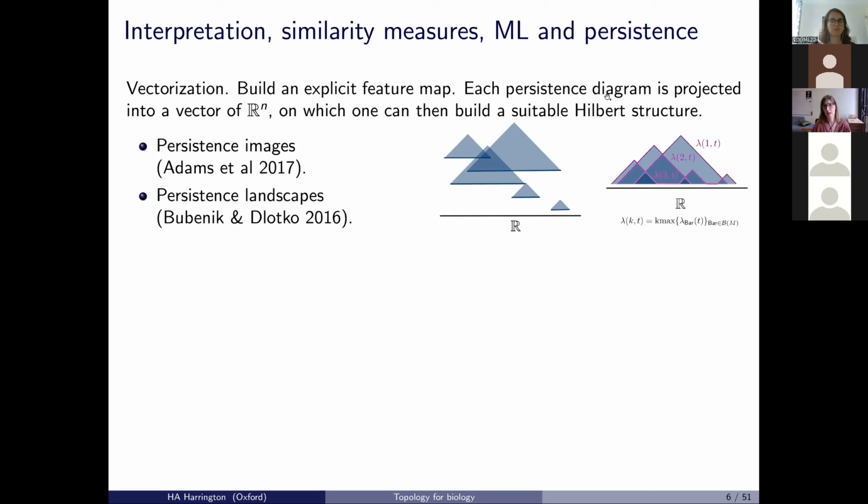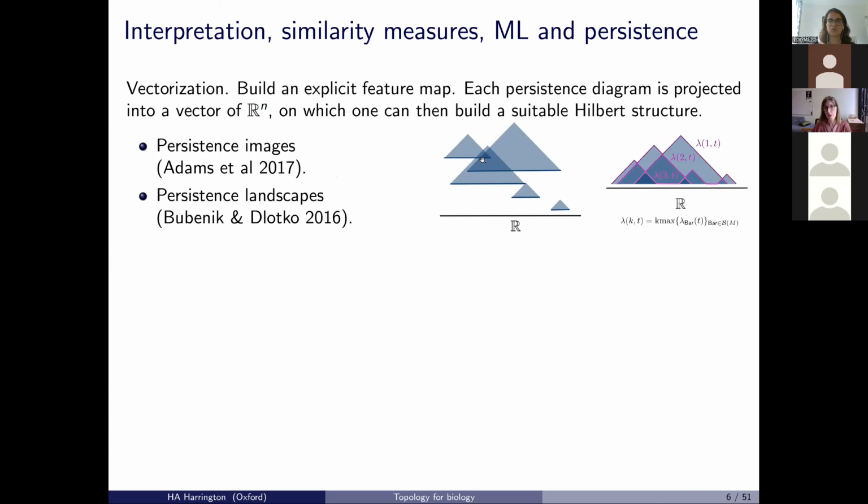Then you can take this persistence diagram, this multi-set of points, and project it into a vector in R^n, and then build some suitable Hilbert structure on that. Two examples are persistence images, where you build a Gaussian on each of these, and, again, Kate's going to explain it, but it's a way to vectorize, where you can then perform statistics.